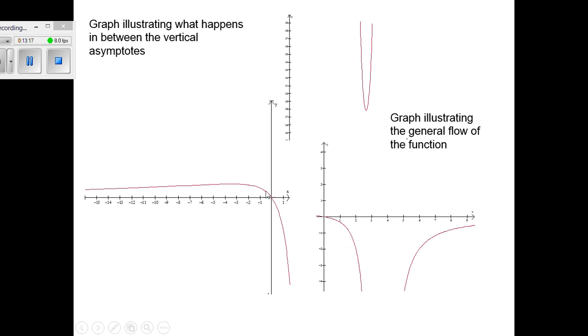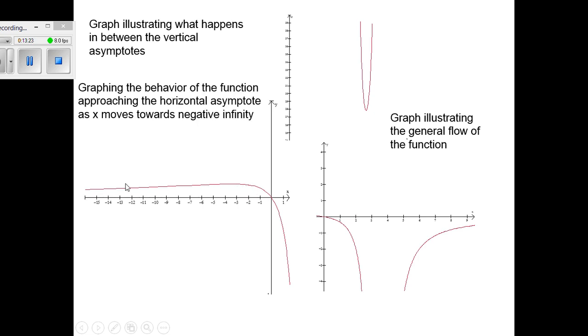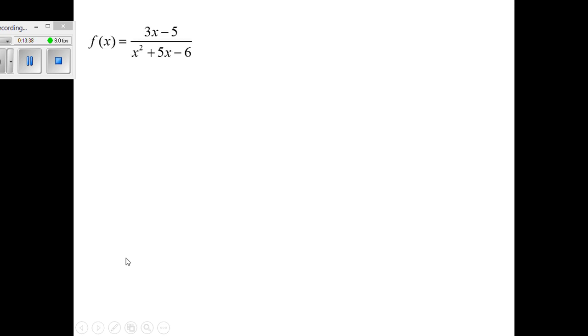It's coming up, it's going to reach some point where it's going to dip back down and start heading towards the horizontal asymptote. So it had to go through here, and then loop back down and settle in on the top side of that horizontal asymptote. Again, a sign table would help to illustrate those things a little more clearly for you.